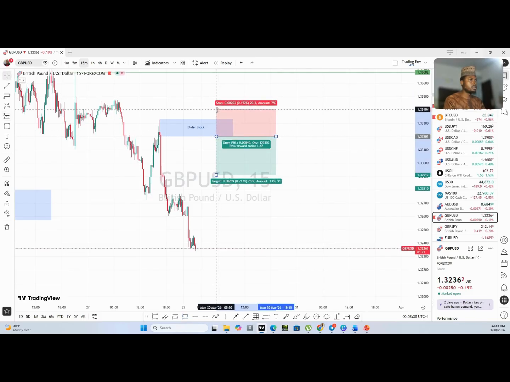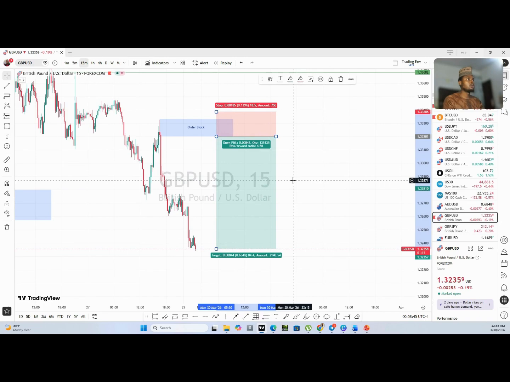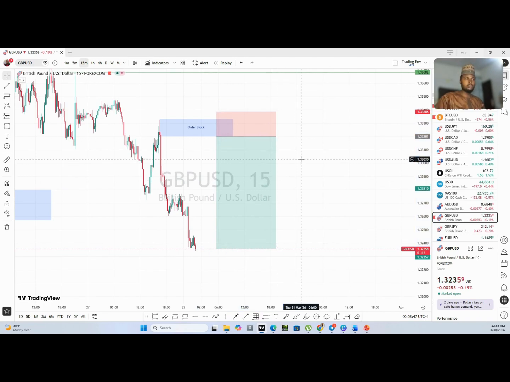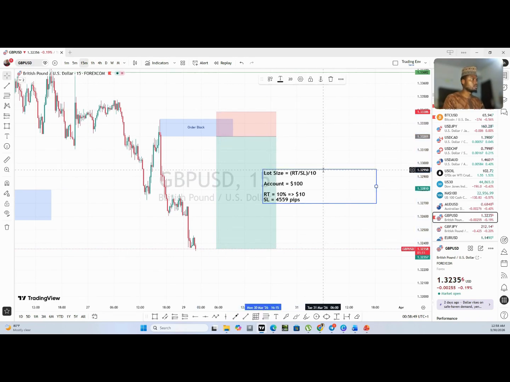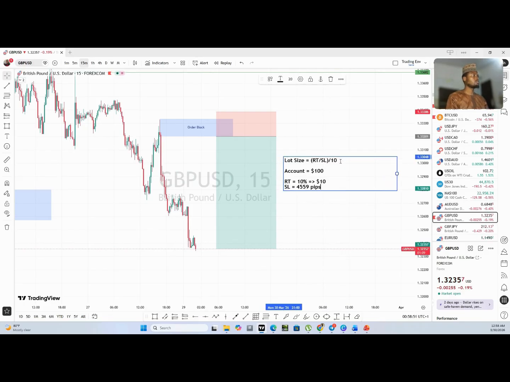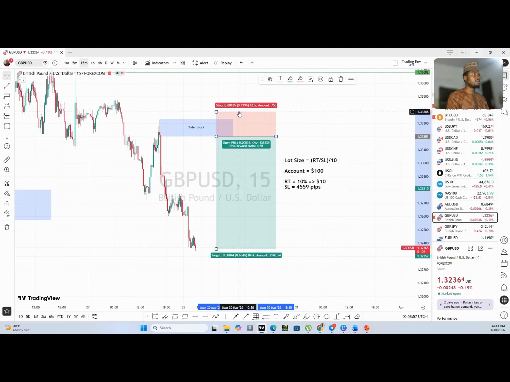Maybe here should be my stop loss, for example. So with the same account, that is $100, as you can see, my stop loss here is just 18 pips. That is from here to here, 18 pips.